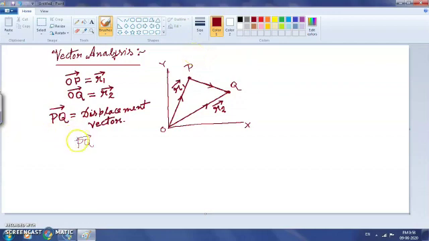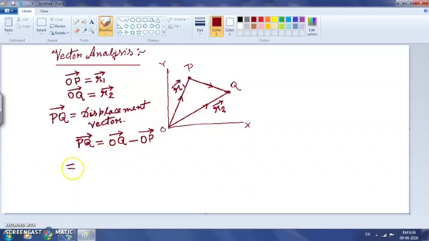So this PQ vector will be the OQ vector minus the OP vector. Clear?